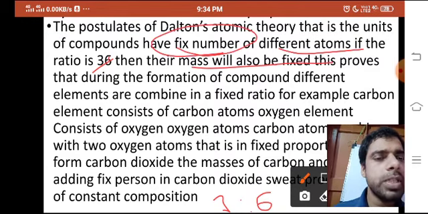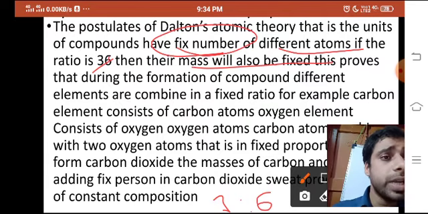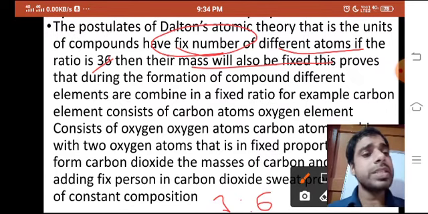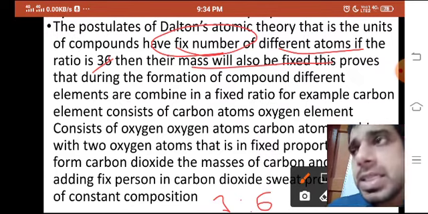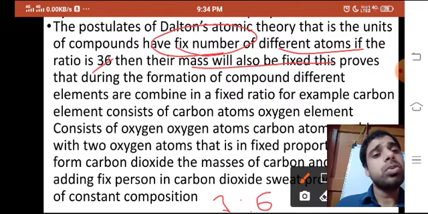If the atoms vary, that means mass will also vary. But you will never see atoms on the reactant side and the product side being different. No, atoms should be the same, but on the product side you have to take both of them. If they are written with a plus sign, you have to count the total number of atoms on the product side, and the total number of atoms on the reactant side.